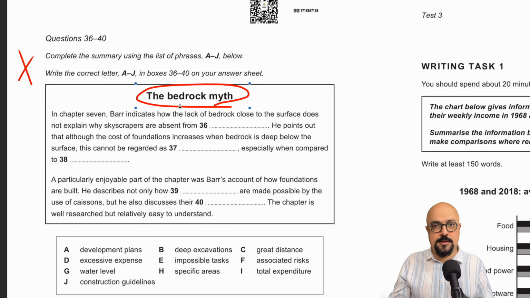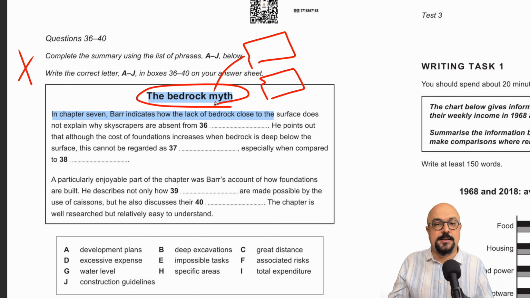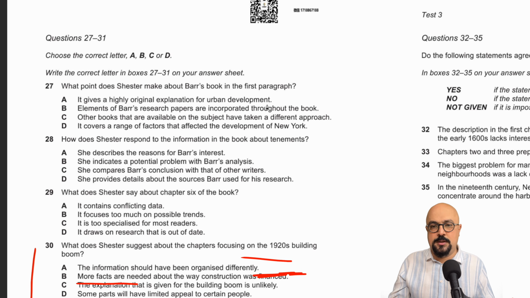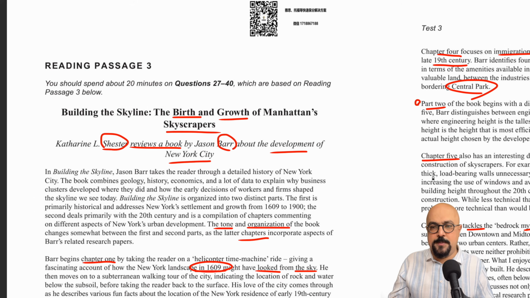If there's such a heading like the bedrock myth, it can take us to the right paragraph or paragraphs. So don't underestimate the power of such a title. We're lucky to have this title, the bedrock myth. This tells us where all the answers are from.